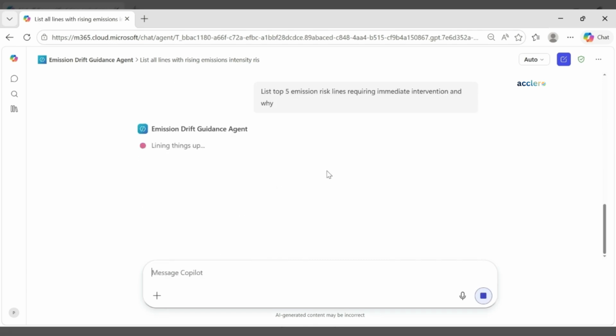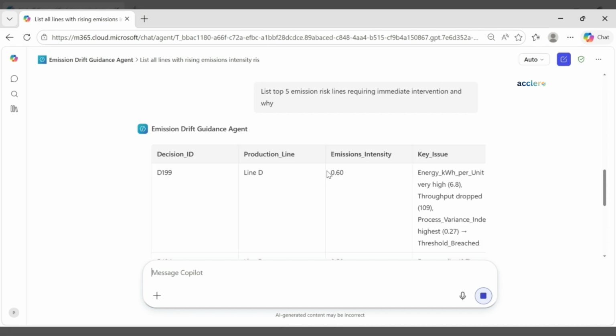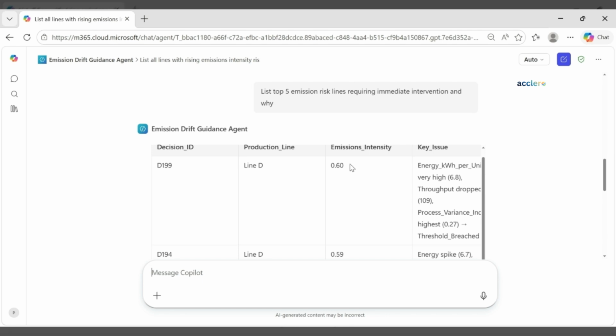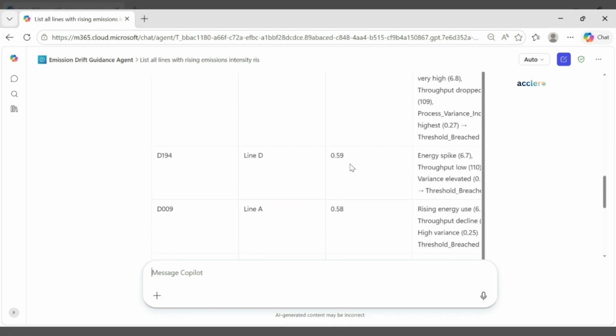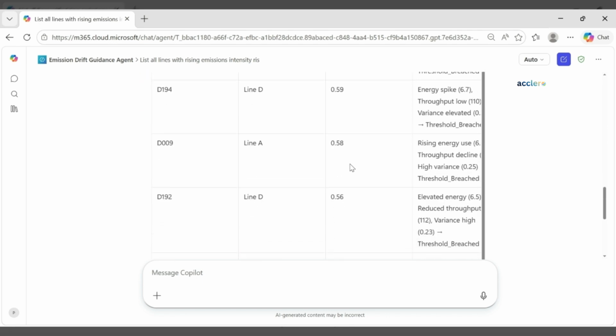Here I am asking the agent to list the top 5 emission risk lines which require immediate intervention, and why. So now the agent focuses on the most critical production lines that require immediate intervention.